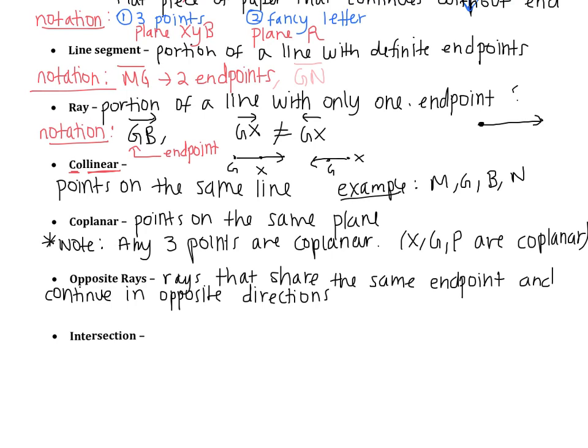Okay, so let's draw one ray. It has an endpoint and continues in one direction. So let's call this ray AB. Starts at A, continues towards B.